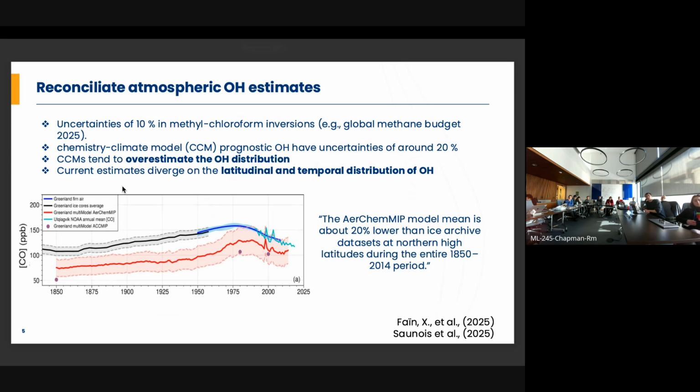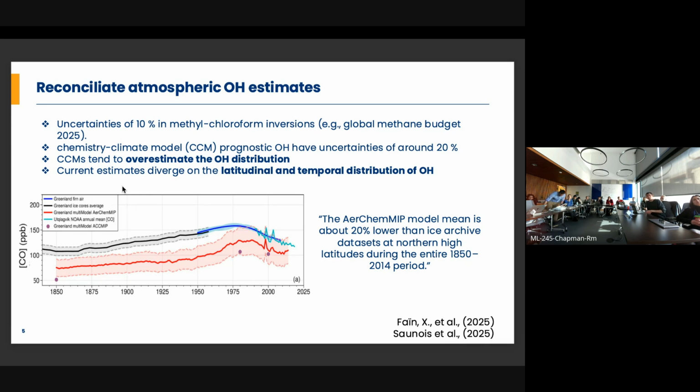There are constraints from methyl chloroform, and the methyl chloroform decay in the atmosphere can give you a global OH, and that's the only metric we can have because of the very short lifetime of OH. And uncertainties are considered to be 10% for global OH every year.